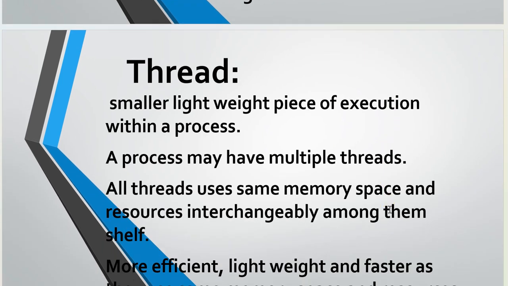So what is a thread? A thread is a smaller, lightweight piece of execution within a process. As I said, the whole program will be a process, and some smaller lightweight portion of the particular process is defined as a thread, and that will be executed parallelly.